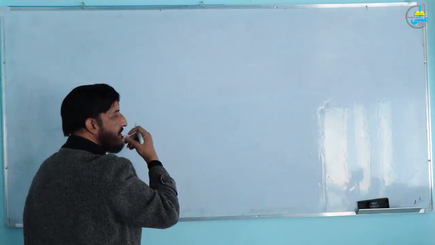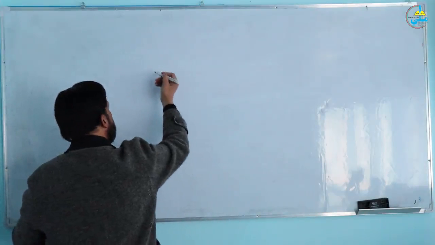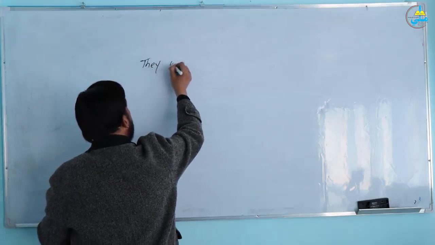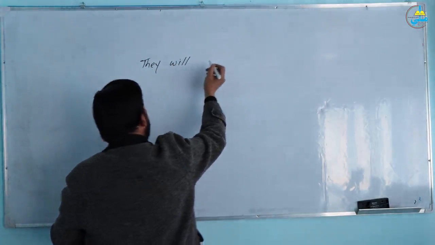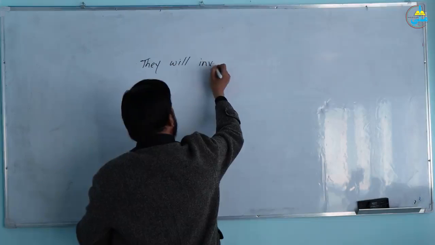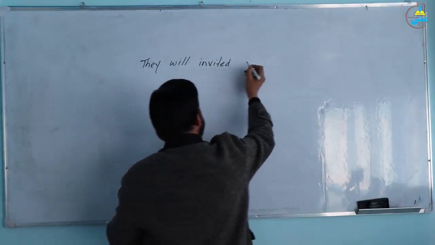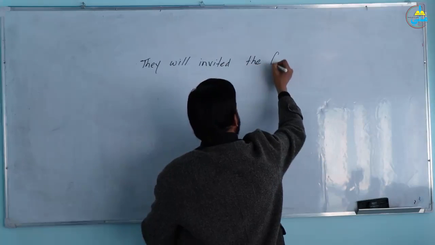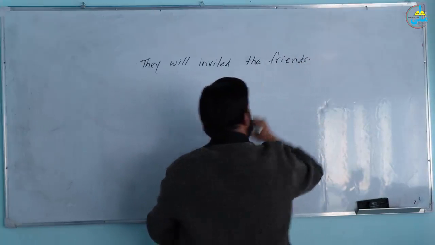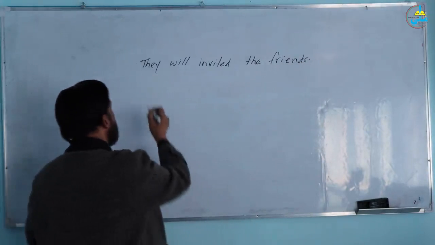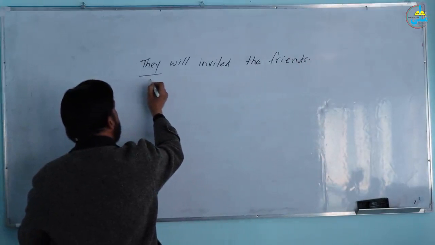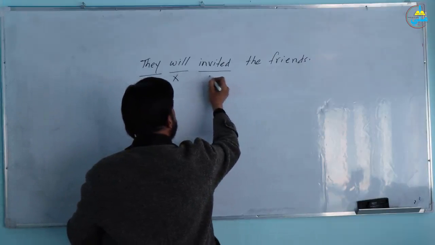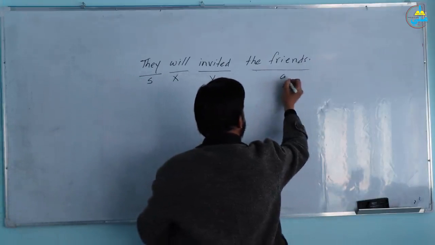Now we use a sentence that has a helping verb. For example, they will invite the friends. Look, they will invite the friends. This is an active sentence. The subject is they, will is the helping verb, invite is the main verb, and the friends is the object.